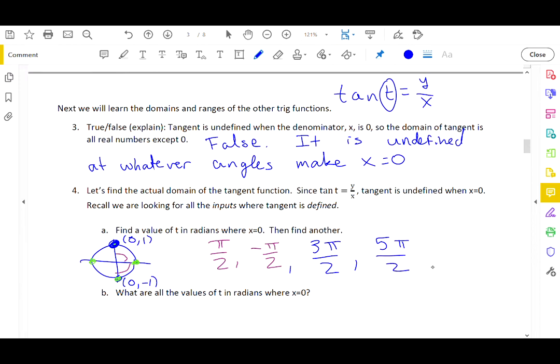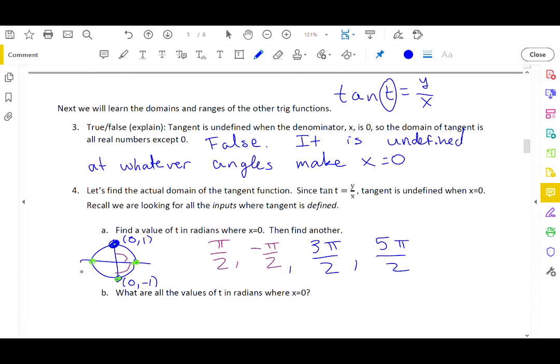Notice that all of these numbers had something in common. They were all odd numbers times pi over 2. Let's try an even number times pi over 2, like 2 pi over 2. That's pi, of course, so it would end us at the point on the left, which has an x value of negative 1, not of 0.